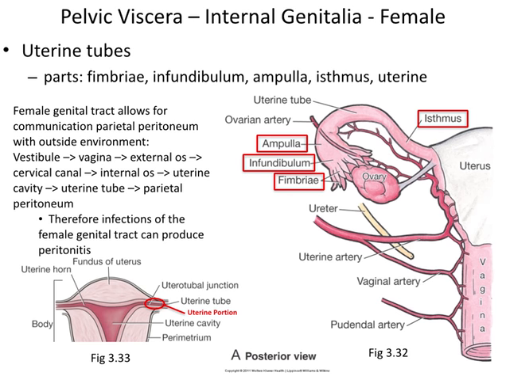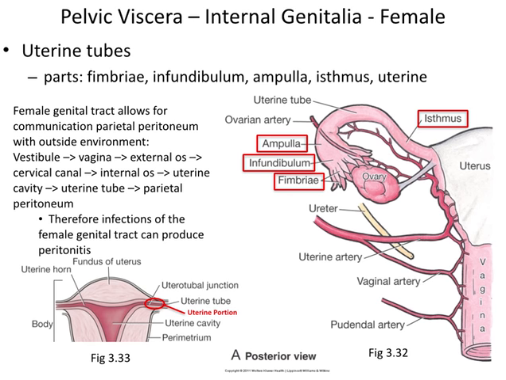Clinically speaking, you can actually create a connection between the outside environment and the parietal peritoneum through these uterine tubes. So the course would be the vestibule of the vagina, which is the external environment, then the vaginal canal, through the external os, through the cervical canal, through the internal os, into the uterine cavity.